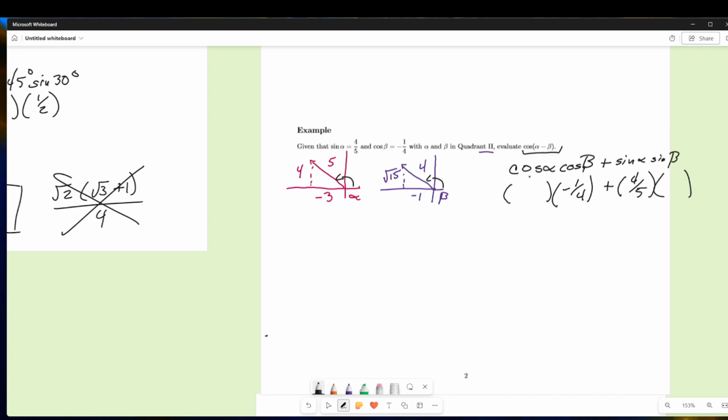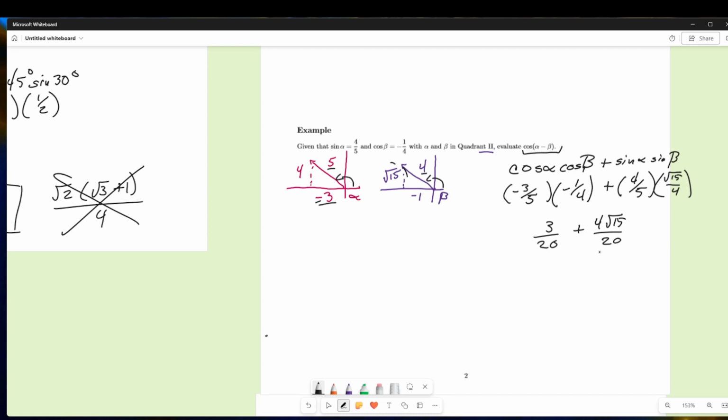So the cosine of alpha has to be x over r. That's why I had to figure out that -3. So -3/5. And the sine of beta has to be y over r, so square root of 15 over 4. So how about 3/20 plus 4 square root of 15/20? Again, common denominators.